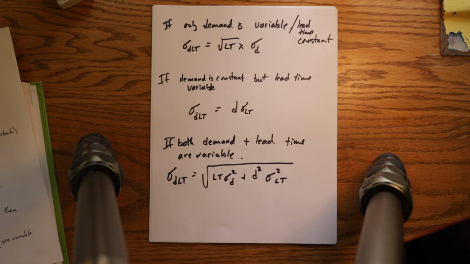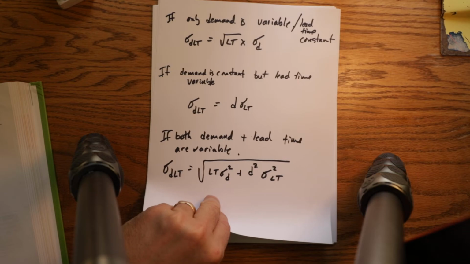So there are three different approaches to safety stock depending on where the variability comes from. So let's go through a couple of examples here.